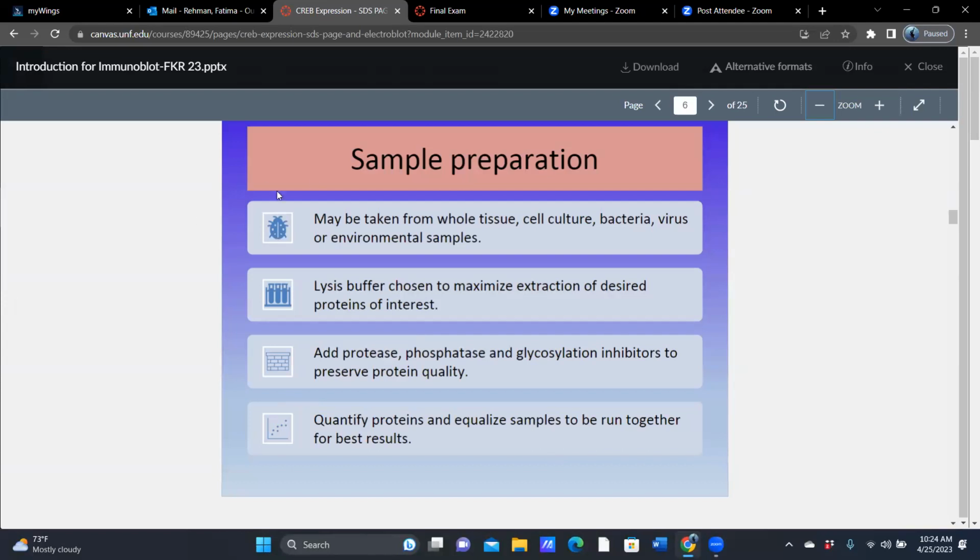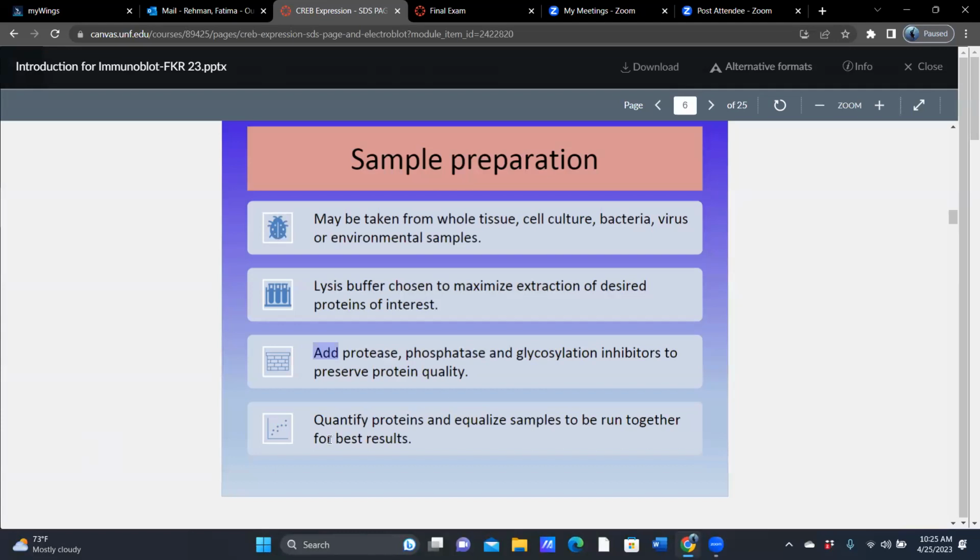When you're extracting the protein, it's imperative that if we are interested in those post-translational modifications, we add phosphatase and glycosylation inhibitors to the lysis buffer and preserve them. In addition, we always add protease inhibitors to it, so the proteases that are present inside our cells don't just chew all the other proteins up, and we can get actual examination of the proteins.